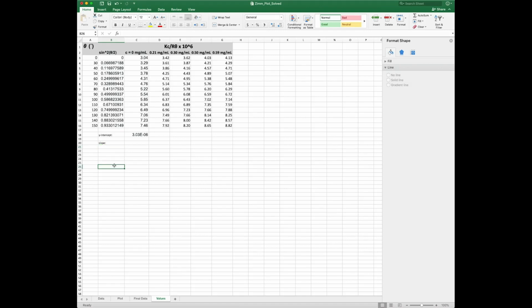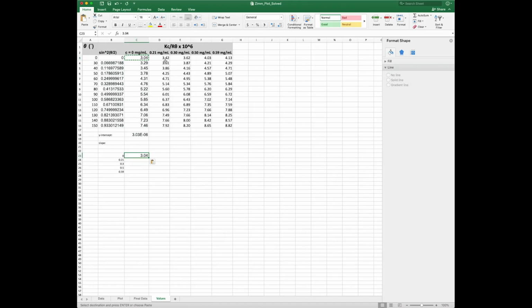So for this part of the analysis, what we really need are these concentrations 0, 0.21, 0.30, 0.50, and 0.59. And we need to plot, as a function of those concentrations, the scattering intensity. So that's what I'm doing here.